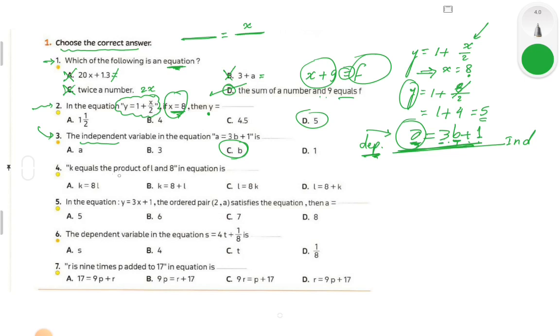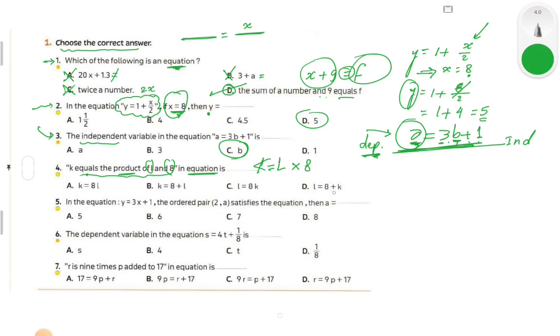K equals the product of L and 8 in an equation. So he needs us to write an equation from this verbal phrase. Okay, k equals, the product. That means I have to multiply L and 8. Note with me, k equals L by 8.